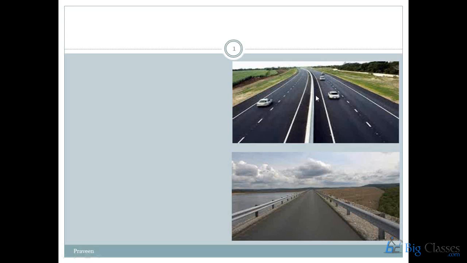You want to travel from 1 place to another place, guys. There are 2 paths. One is with the divider. Another one is without divider. Which one would you choose and why? Obviously, everybody is going to be looking for this one because there is a dedicated path while you are going and a dedicated path while you are coming back.